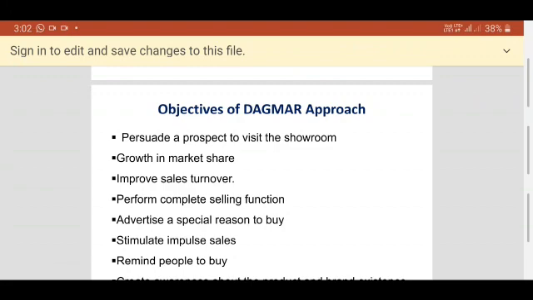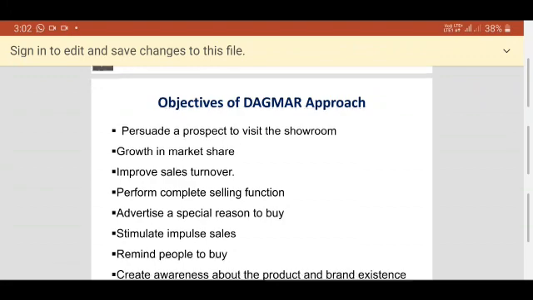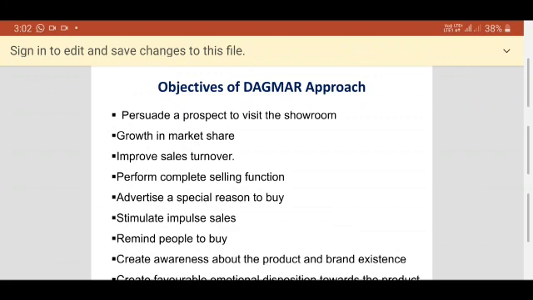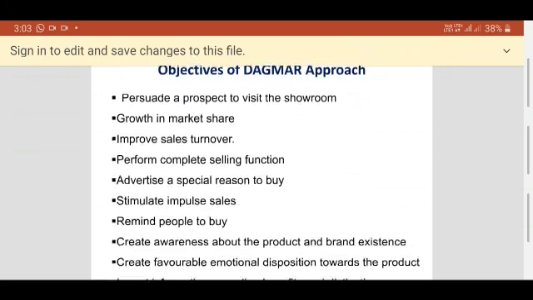Next, it will help in performing the complete selling function. For example, a good brand or a good wrapper will take over 50% of the selling effort, because by seeing the wrapper, most consumers feel very happy to purchase those kinds of products.